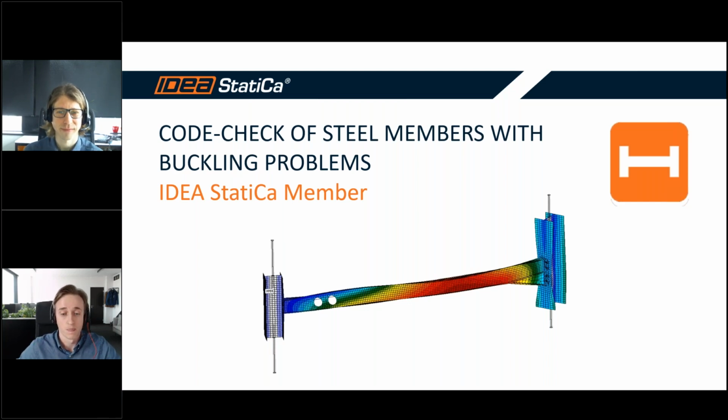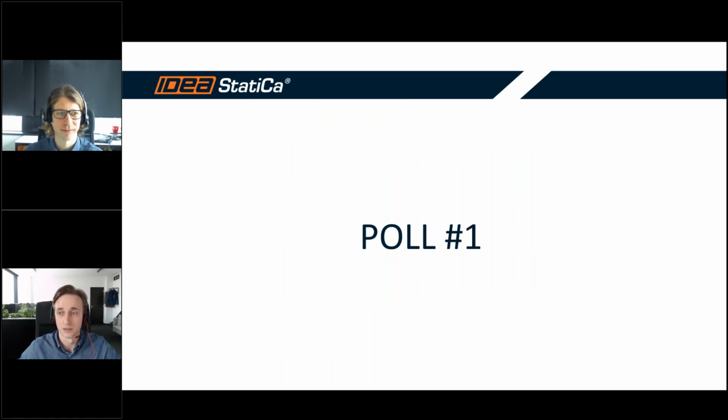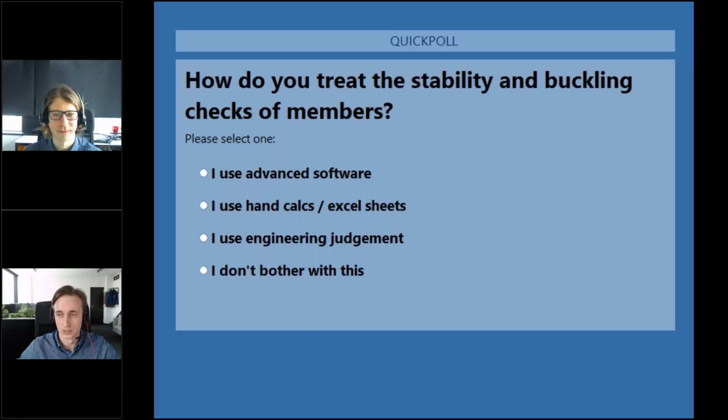Before we start, I have created the first poll for you. So I will ask you this question: how do you treat the stability and buckling checks of members?